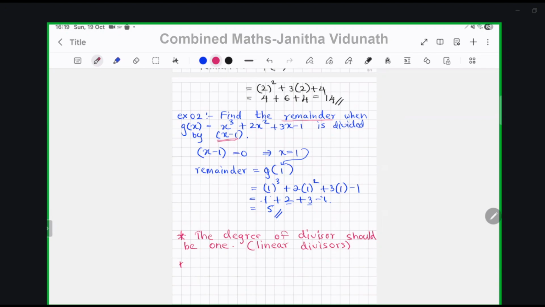The other important thing is we can only find remainders under the remainder theorem. Please write down those two important things also.